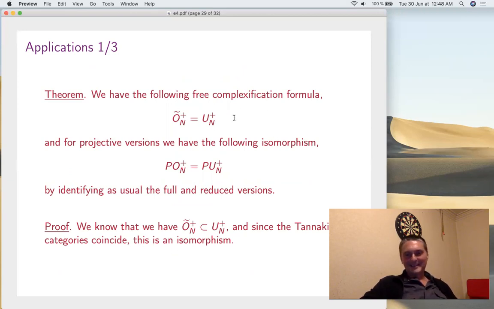This is amazingly interesting because in the classical case, we already talked about that, to pass from O_n to U_n you need to take the algebras, complexify, and then go back via exponentiation. So there's no simple way from O_n to U_n. Here, it's just free complexification, so it's simpler than in the classical case. Now, free complexification meant multiplying coordinates by a free unitary. If you take the projective version, the unitary will cancel, so you get the same thing: PO_n^+ is PU_n^+.